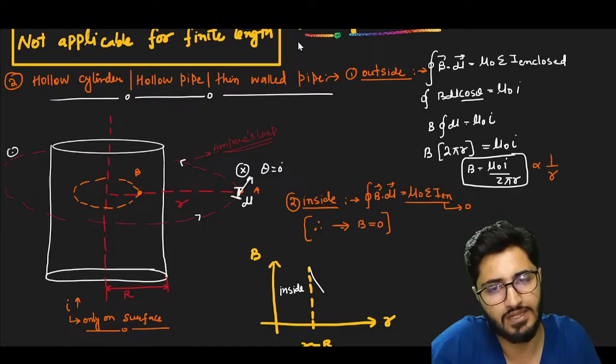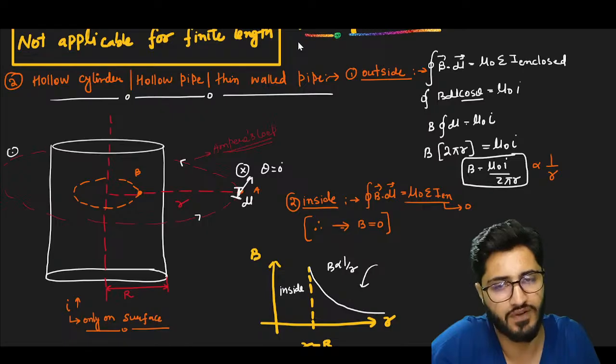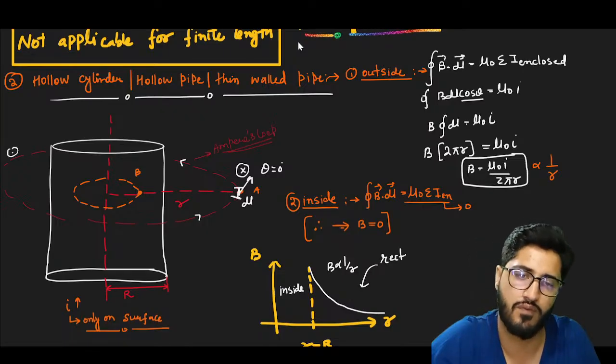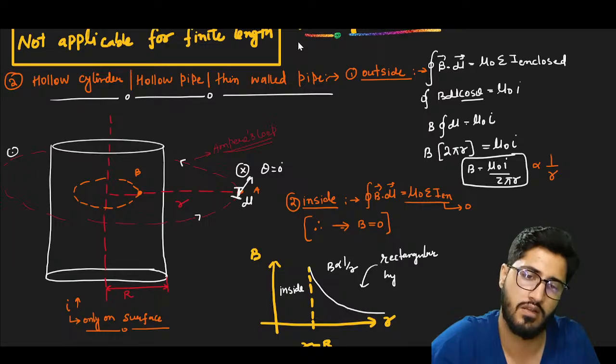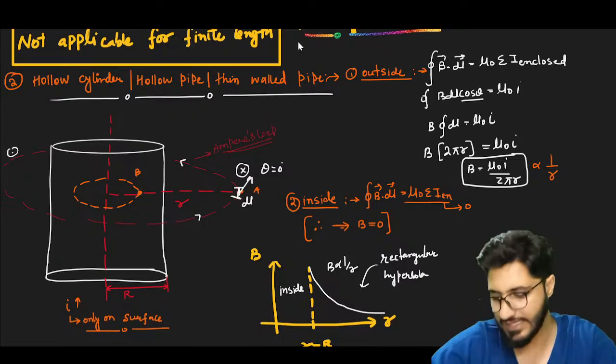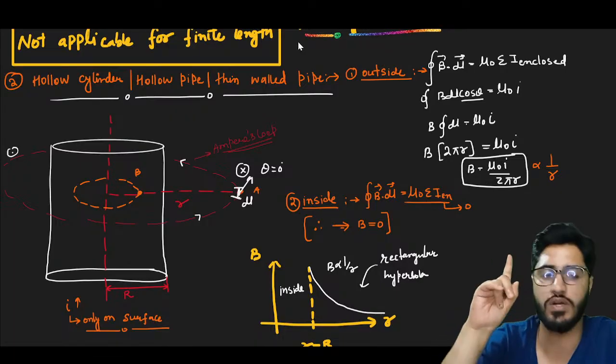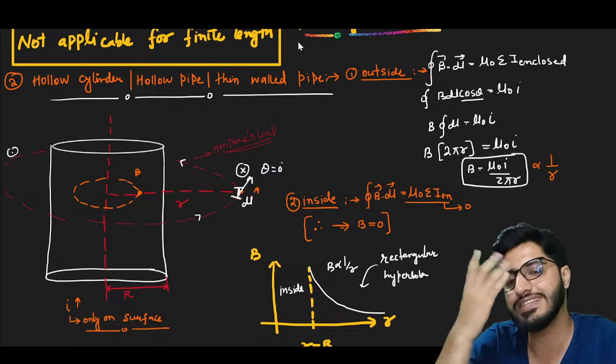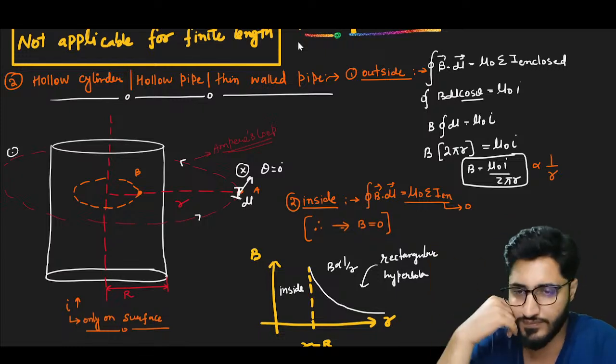Outside it is inversely proportional to R. B is inversely proportional to R, so this graph represents a rectangular hyperbola. Why? Because the power is 1. If the power is 2, 3, 4, we can write it is a hyperbola, not a rectangular hyperbola.